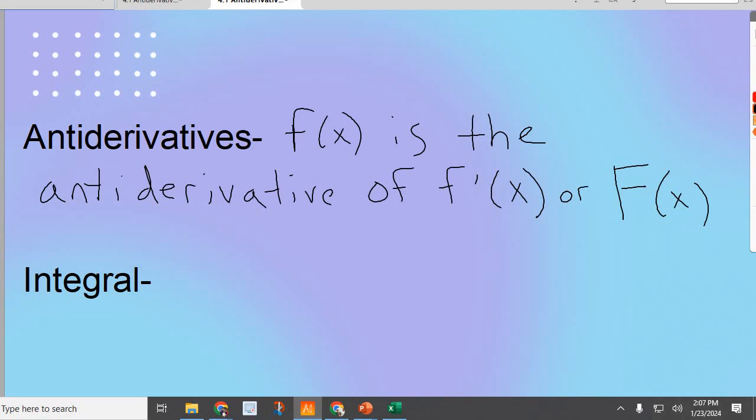Sometimes it's written with a capital F. I'm not as big a fan of the capital F because it can be hard to tell the difference between the two. However, you might see that written sometimes.